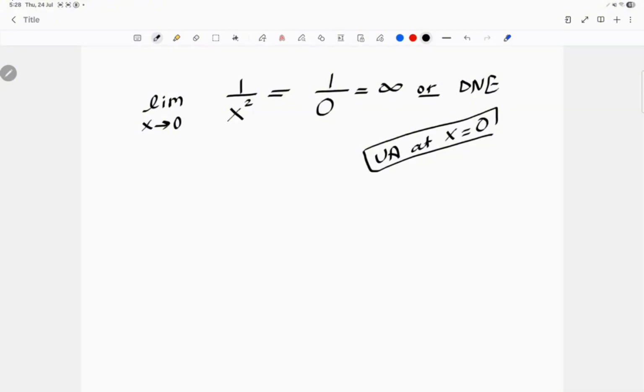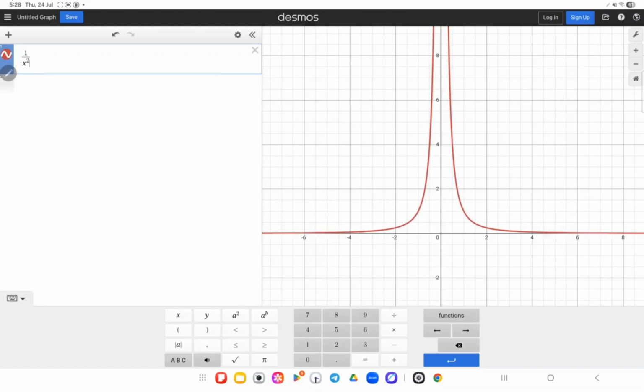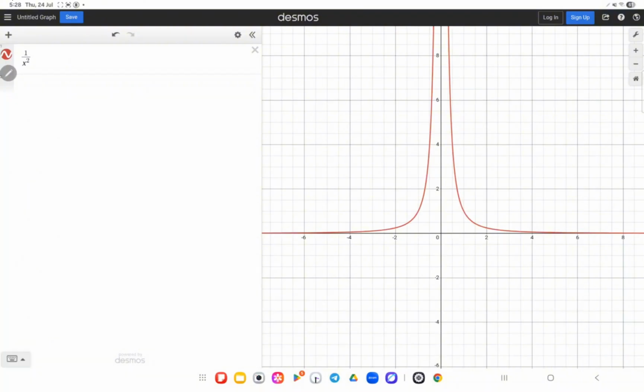Let me show you what that looks like on the graph. We're going to write 1 divided by x squared. You see those two graphs from the left and the right? Do they both head in the same direction? Yeah. The direction of infinity. They are both heading toward infinity.